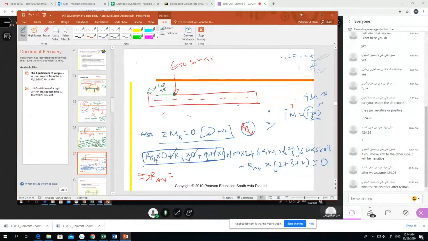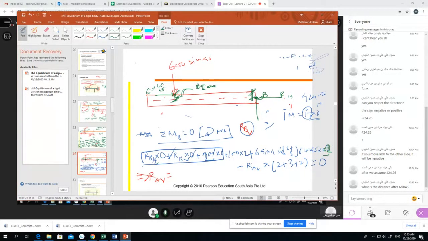Now we are taking moment at point B. B is here. So RBH here also is into 0. The distance here is given as 0.2 meter. So that's why I write 0.